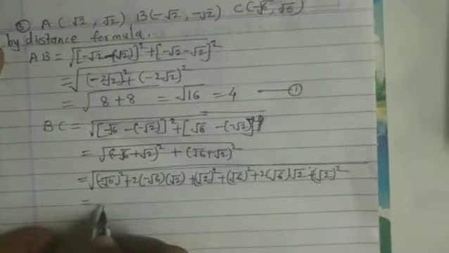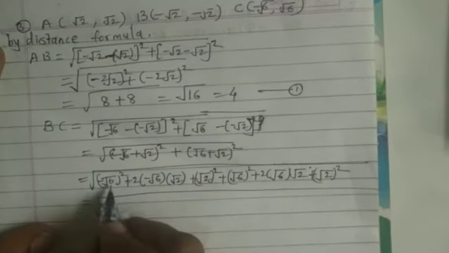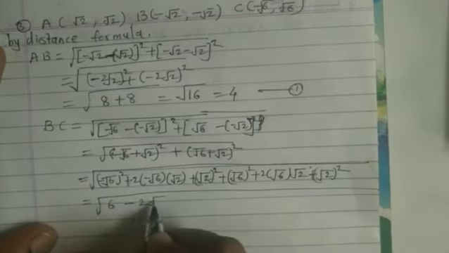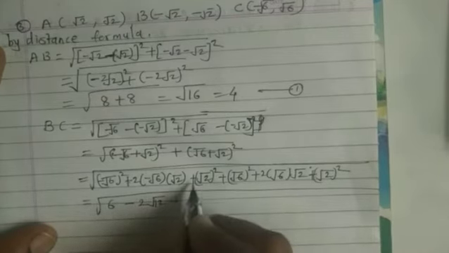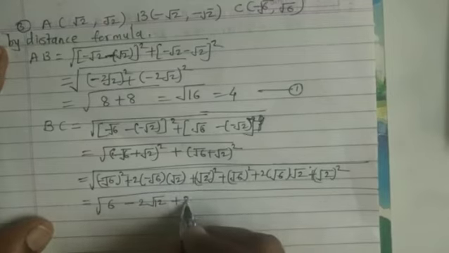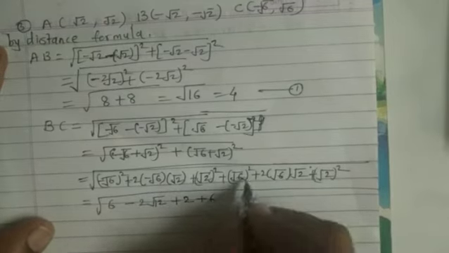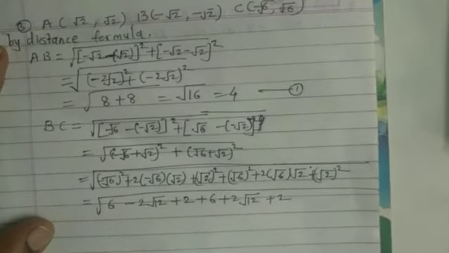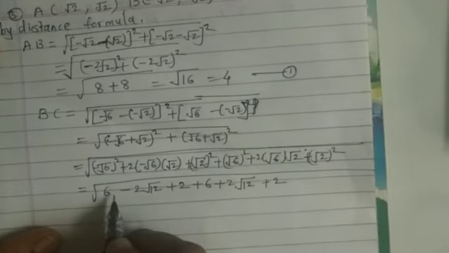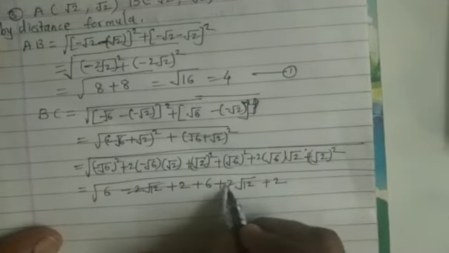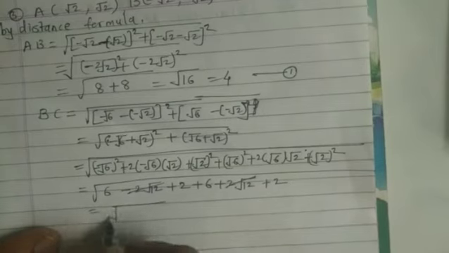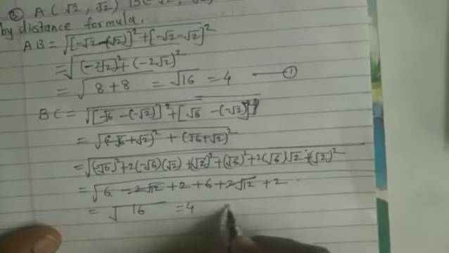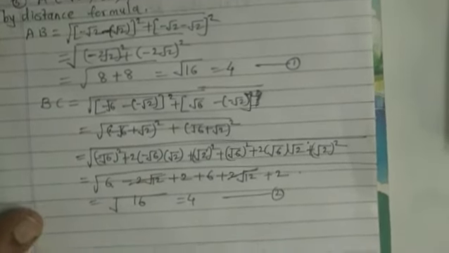Now we simplify it this way, minus root 6 square means 6 minus 2 root 12 plus root 2 square, that is simply 2, plus 6 plus 2 root 12 plus 2 again. Here minus 2 root 12 and plus 2 root 12 cancel. 6 plus 2 is 8, 6 plus 2 is 8, that is root 16, that is equal to 4. This is the second length BC.